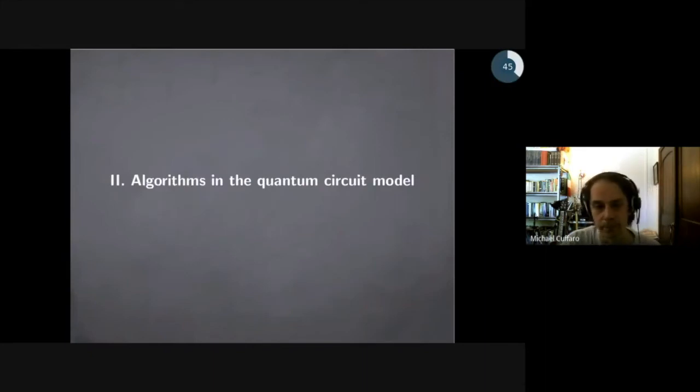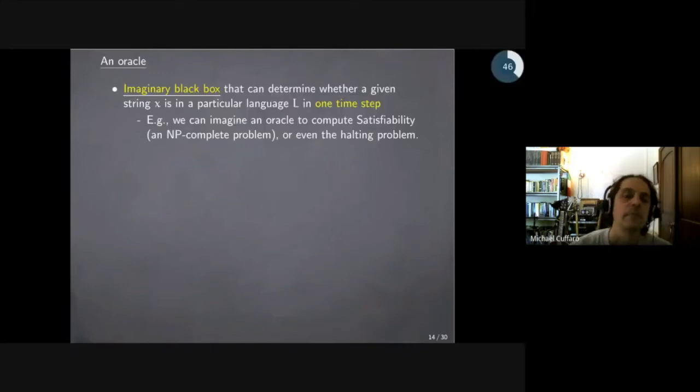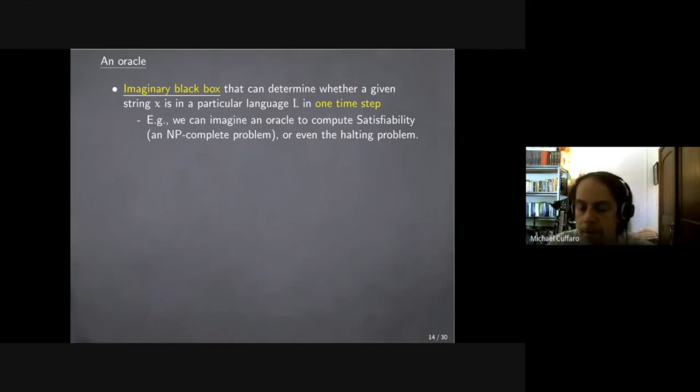Okay. Let's talk a little bit about some algorithms in the quantum circuit model. Before I talk about particular algorithms, I want to talk a little bit about oracles. An oracle is used in many quantum computational algorithms in the circuit model.